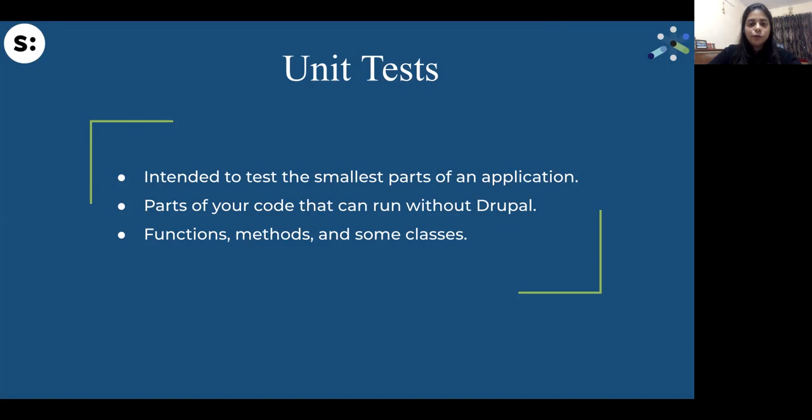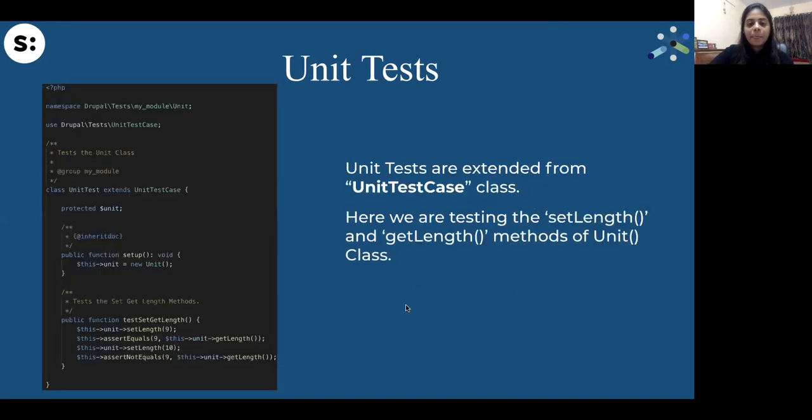So if you need any Drupal interaction, any Drupal hooks, Drupal services, or any Drupal modules, unit test cases can't be used, because these just test that part of your code that does not require any Drupal interaction. Your function methods or some classes can be tested via unit tests. Also, these are really fast because they just test the PHP logic, so they run in milliseconds.